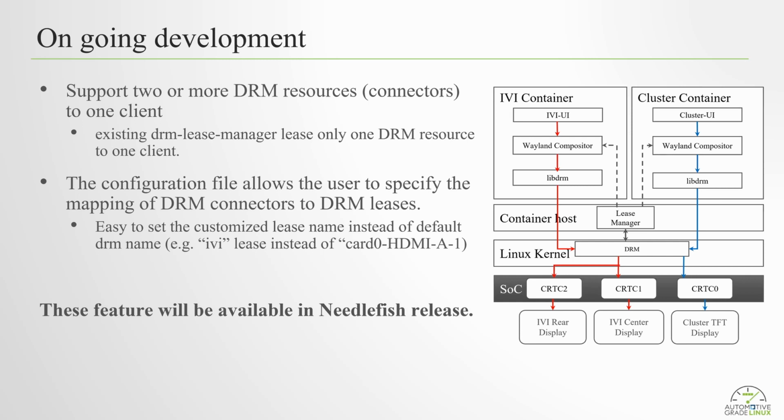The configuration files allow the user to specify the mapping of DLM connectors to DLM release, so it becomes easy to set a customized list name instead of the default DLM name. For example, the current DLM name is card0-HDMI-A-1, so it was easy to use an IVI list name. This feature will be available in the next release, Needlefish.